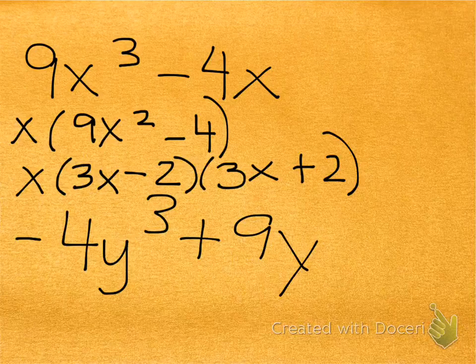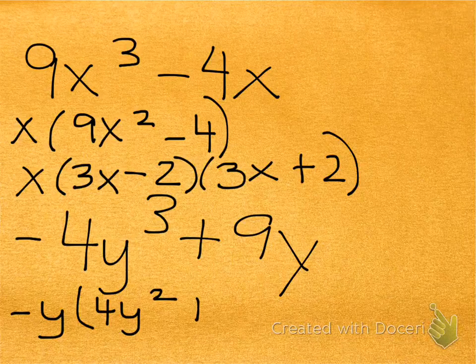The next one, we can take out a negative y. So that's going to give us 4y squared minus, whoops. And the reason why I took out a negative y is because I wanted to make the second term minus so that I can keep factoring it.